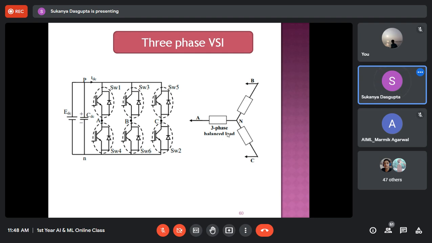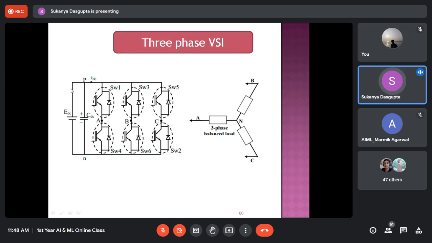Right? So it's a three-phase system. So definitely when SW1 is working, the current should flow through this to return back through phase B, and through this to return back through phase C. Okay, because the current cannot flow through these two switches, because if the current flows through SW3 or SW5, what will happen?